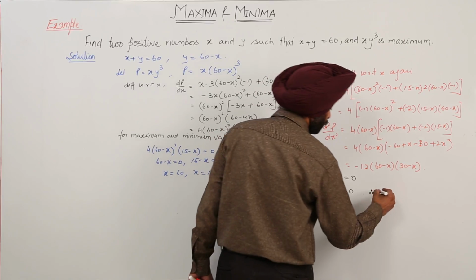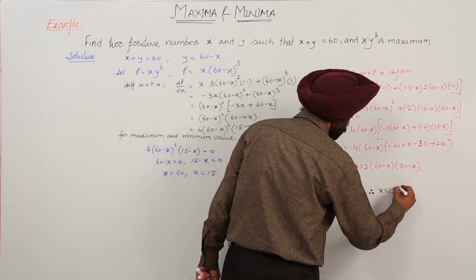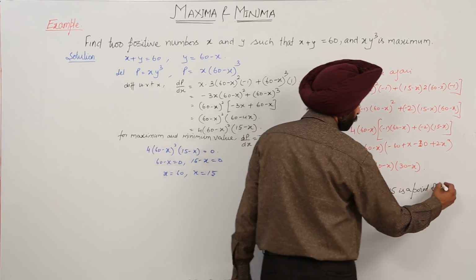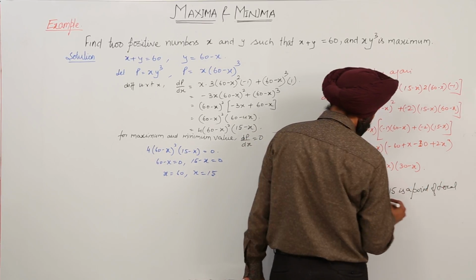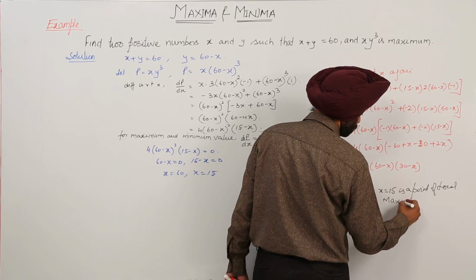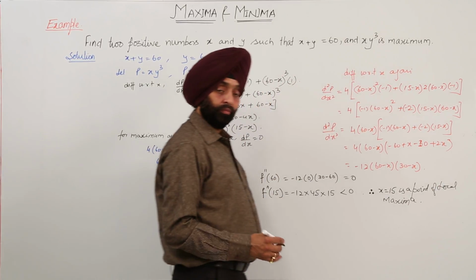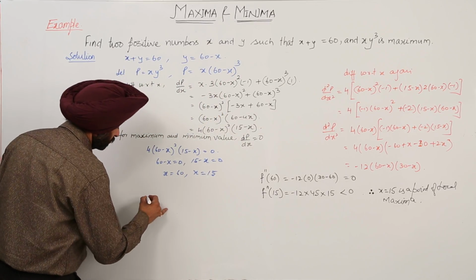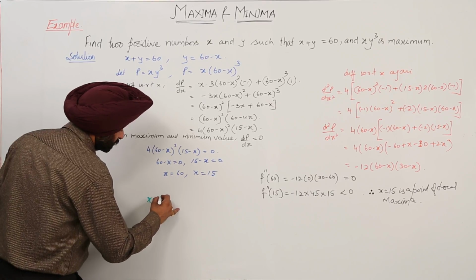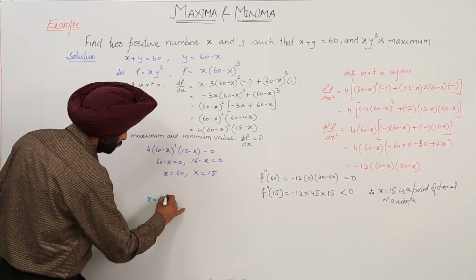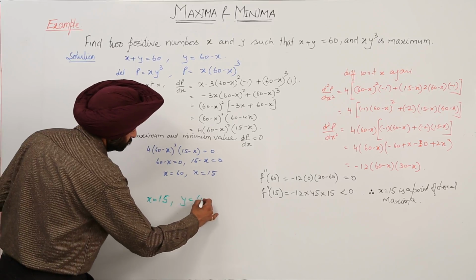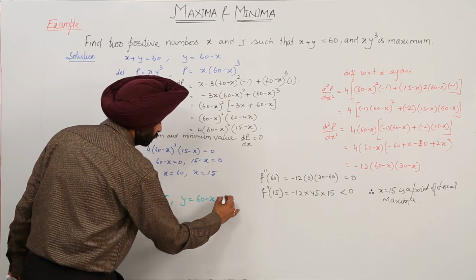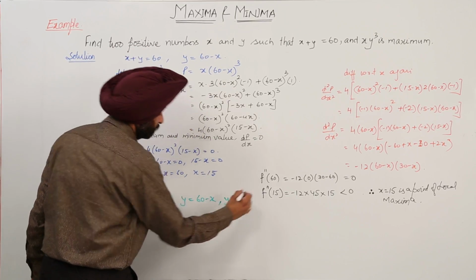Therefore, x is equal to 15 is a point of local maxima. Now when x is equal to 15, then y is equal to 60 minus x, so we get y is equal to 45.